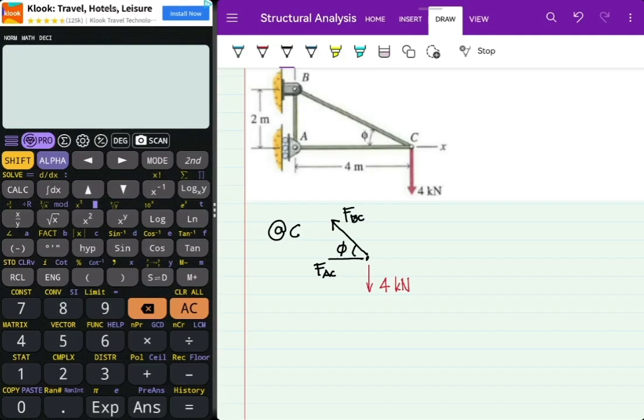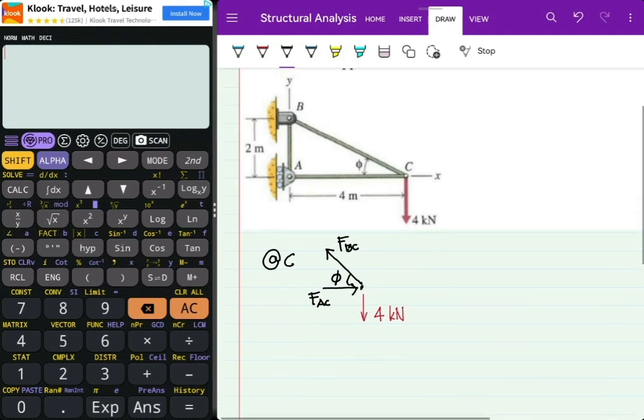So that's by inspection. Also, if BC is going up to the left, therefore there has to be a force going to the right to counteract the x component of our BC. So therefore AC is going to the right.